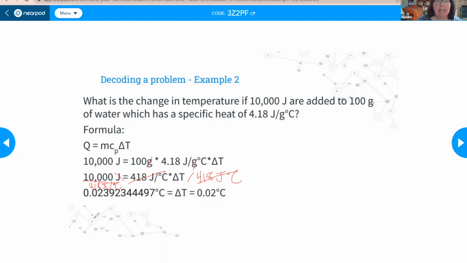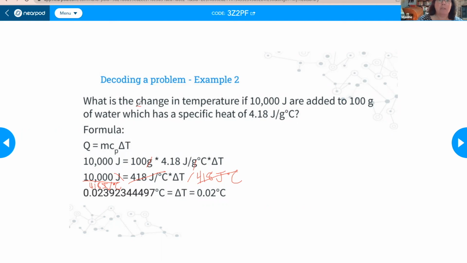So units can cancel out if you divide by the same unit. So 10,000 joules divided by 418 joules per degree Celsius gives me degrees Celsius. The joules cancel out and I'm left with 0.0239 and so on. That is my delta T, the change in temperature.